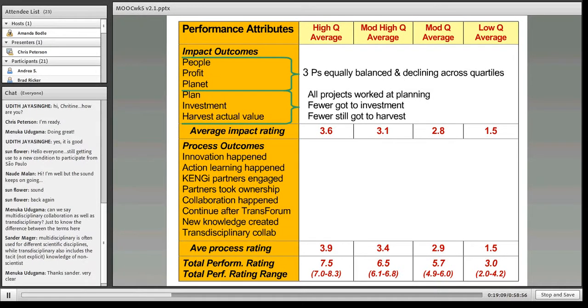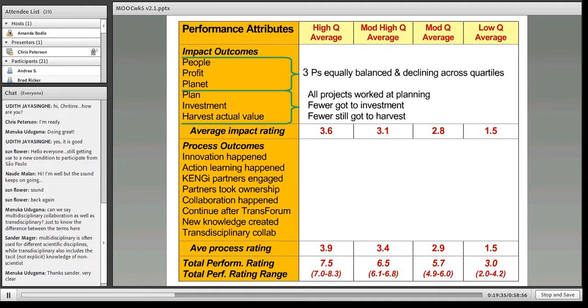And again, you can see from the average impact ratings that as you went from the high performance quartile to the low performance quartile, we went from an average of 3.6 on the Likert scale of 1 to 5 down to 1.5. So there were substantial differences in the performance outcomes.